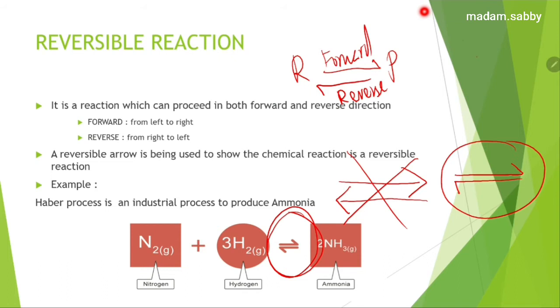The Haber process is an industrial process to produce ammonia. This is a common example of chemical equilibrium, a reversible reaction. Nitrogen gas reacts with hydrogen gas to produce ammonia. Again, we use this reversible arrow.